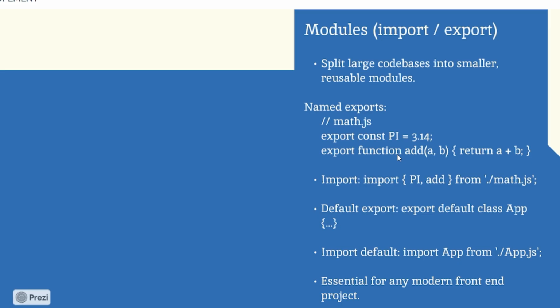In the first file we export the variable pi. In the second file we add the import pi statement. This allows you to reuse code across multiple files.